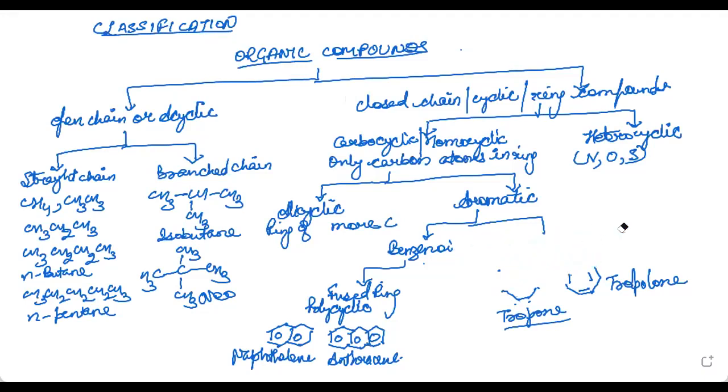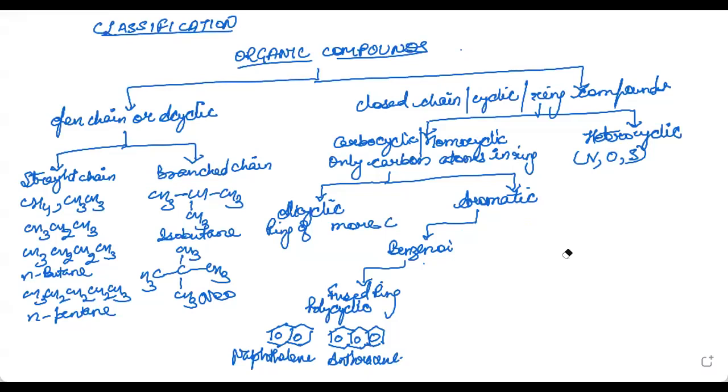I'm erasing it from here so that I can write the examples. Now in tropone and in tropolone, there is a carbon oxygen double bond, but the oxygen is not part of the ring. So it will not be considered as heterocyclic.